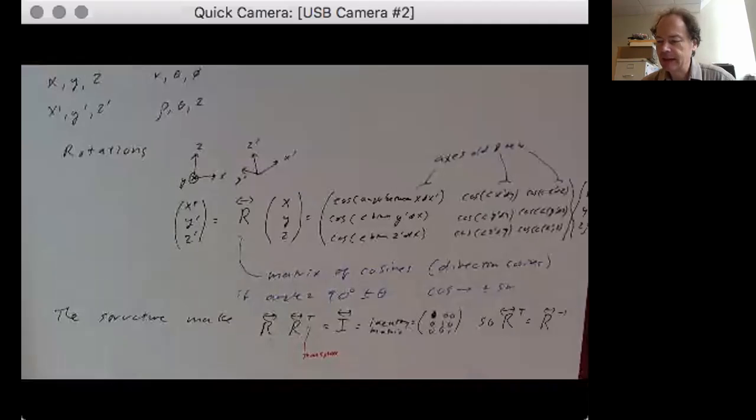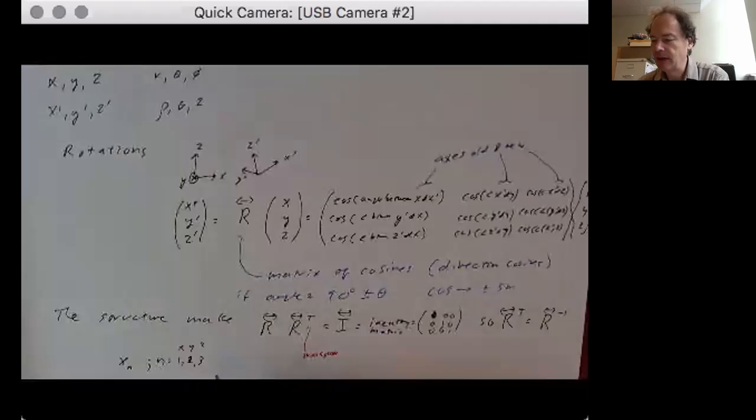The other thing I'd like to say here is that we often talk about vectors. So we'll talk about x sub n, where n equals 1, 2, or 3 for x, y, and z.